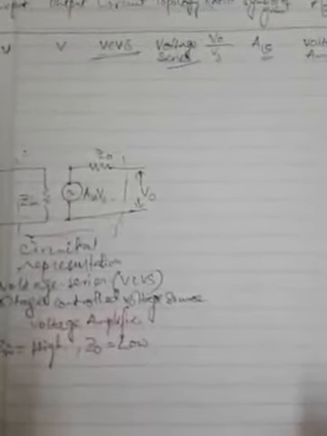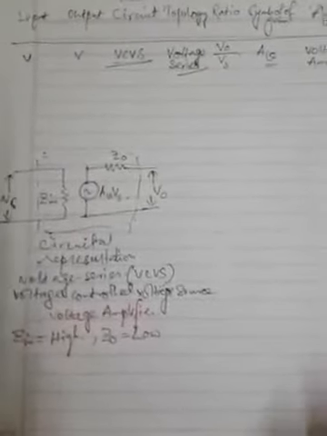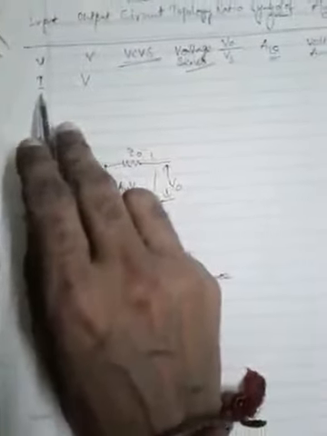So next, let us move on to the next one. Now we have input in terms of I and output in terms of V. That means input is denoted as Is and output is denoted as Vo.